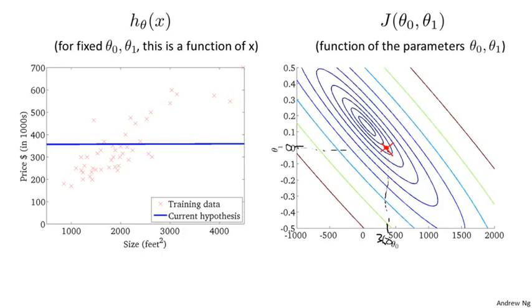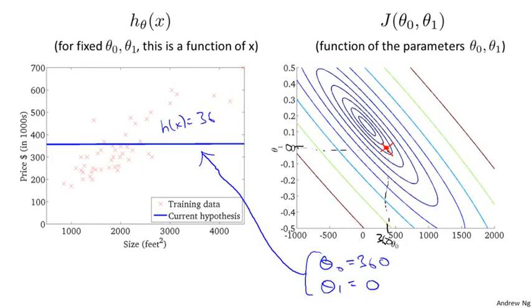So, let's write that out: theta 0 equals 360, theta 1 equals 0. And this pair of parameters corresponds to that hypothesis, a flat line. This is h of x equals 360 plus 0 times x. So that's my hypothesis. And this hypothesis, again, has some cost, and that cost is plotted as the height of the j function at that point.